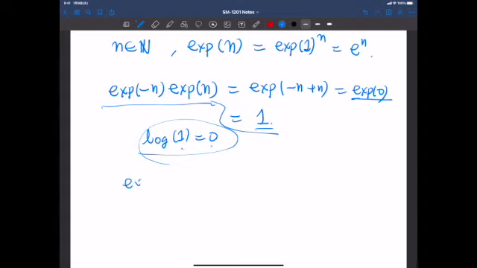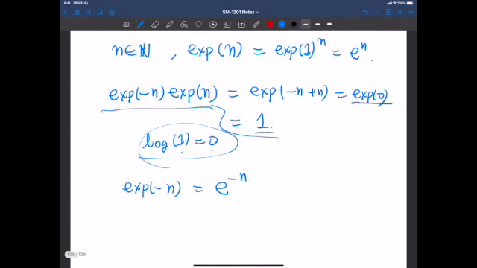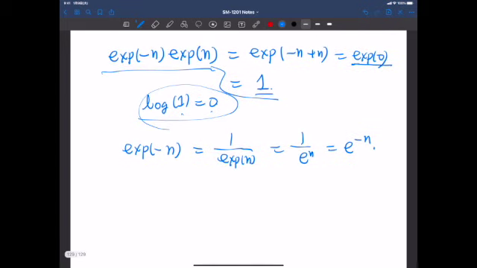So exponential of a negative integer is equal to e to the power of negative n. Right? Because, okay, maybe I should prove this a little bit more carefully. So this should be equal to 1 over exponential of n, but this is equal to e to the power of n, so this is equal to e to the power of negative n. Okay.